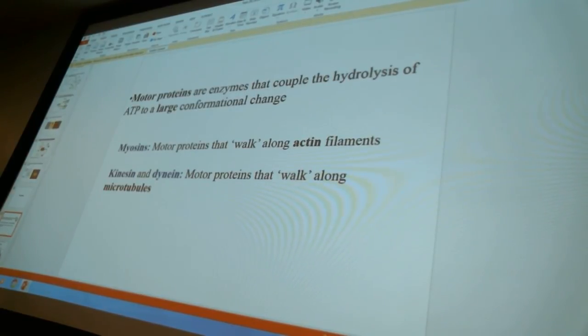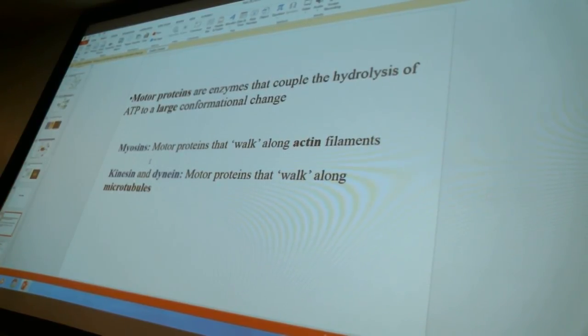So what are they? They are basically a different class of accessory proteins, and they are enzymes that couple the hydrolysis of ATP with a large conformational change. A lot of times different molecules that are associated with hydrolysis of ATP or GTP will undergo a small conformational change. Now these molecules will undergo very big mechanical changes.